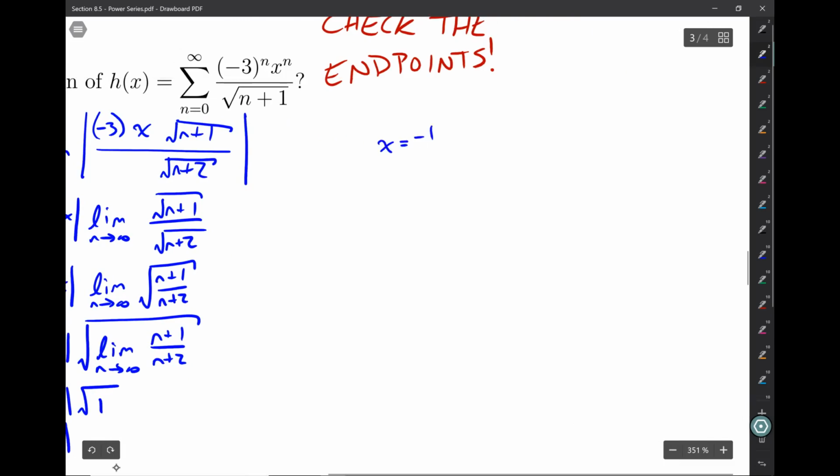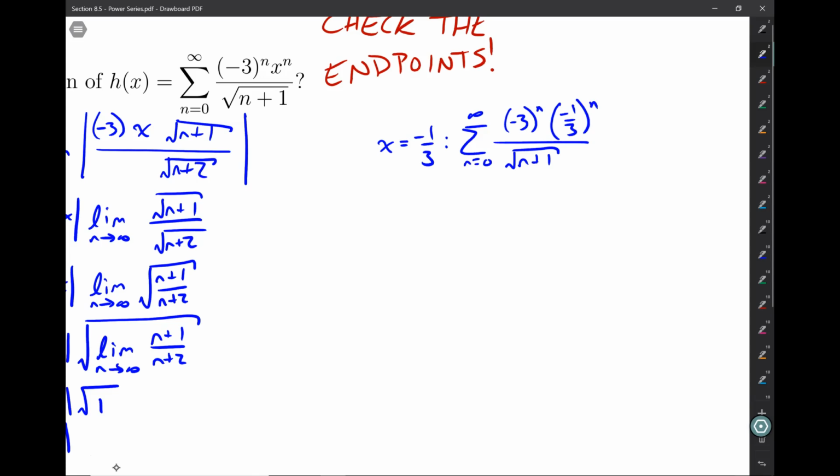What happens when x is negative 1/3? Well, we're going to end up with a sum as n goes from 0 to infinity. The denominator is simply the square root of n plus 1, but the numerator is a negative 3 to the n times negative 1/3 to the power of n.